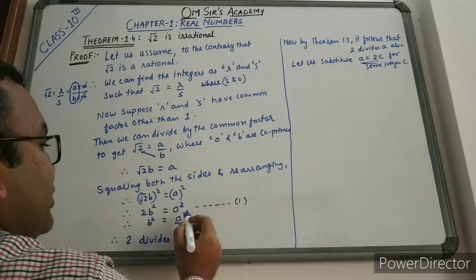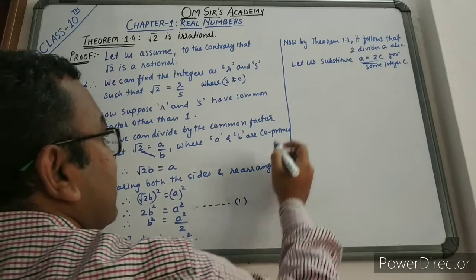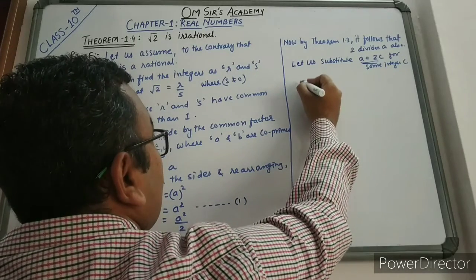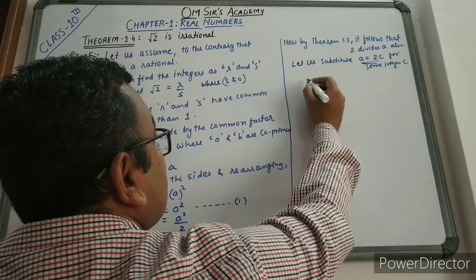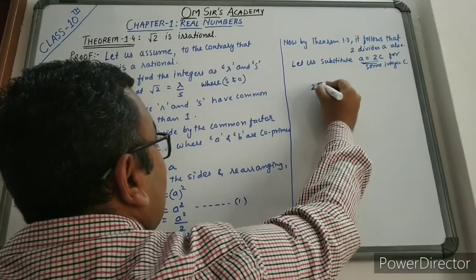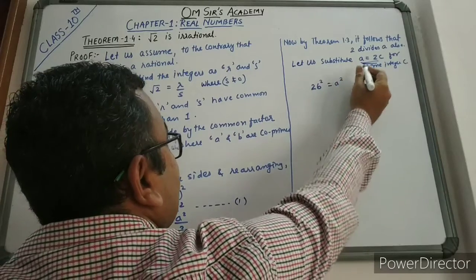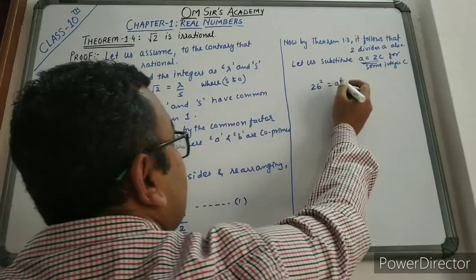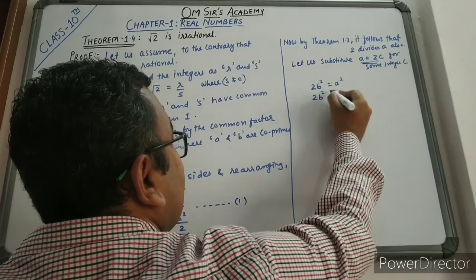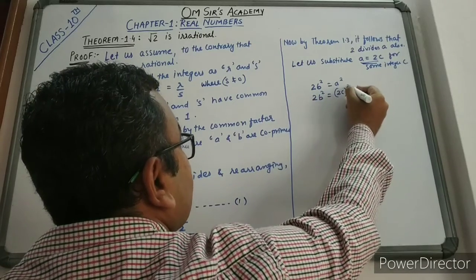If I substitute this value in equation first, okay, so what I will get is, 2b square equals a square. Instead of a I will put 2c. So it will be what? 2b square equals (2c) the whole square.